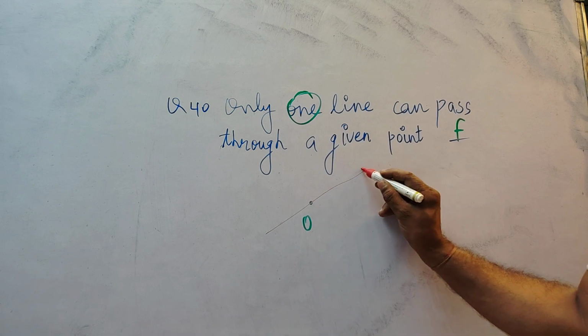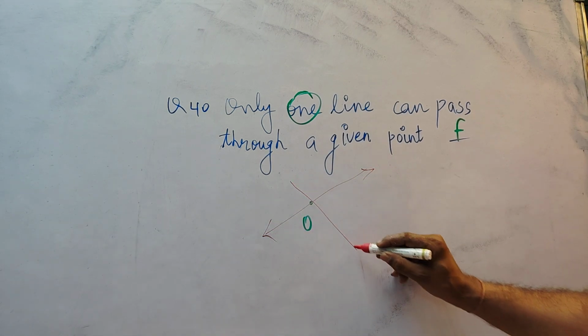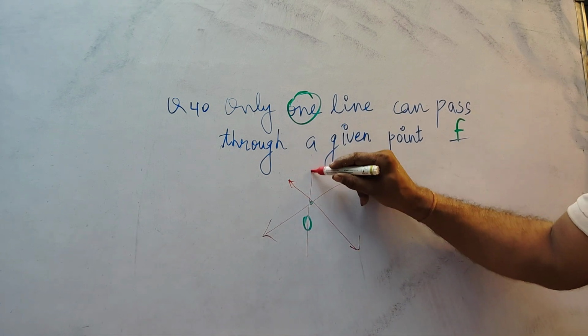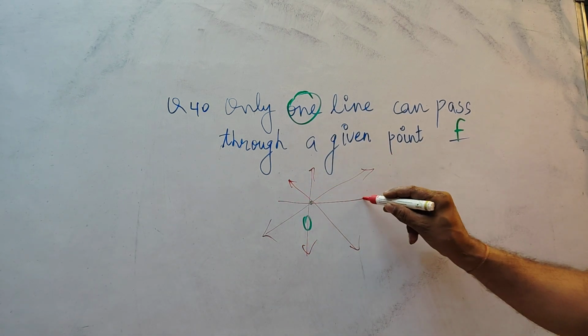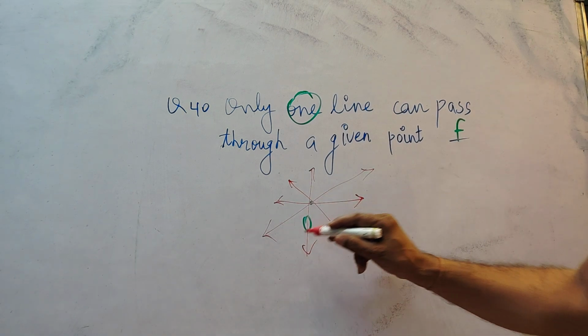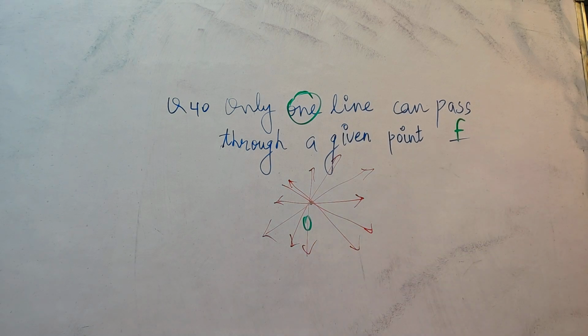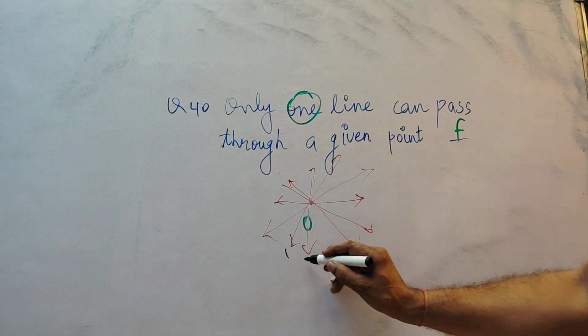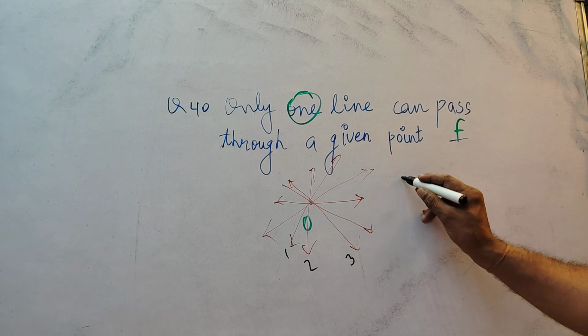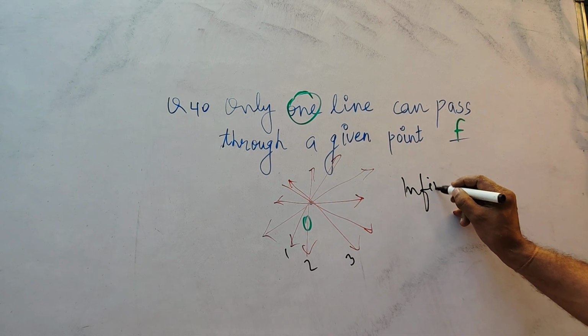Suppose this is the first line, this is the second line, this is the third line passing through point O, this is the fourth line, fifth line and sixth line. How many lines can pass through point O? Infinite. Infinite lines can pass through one point.